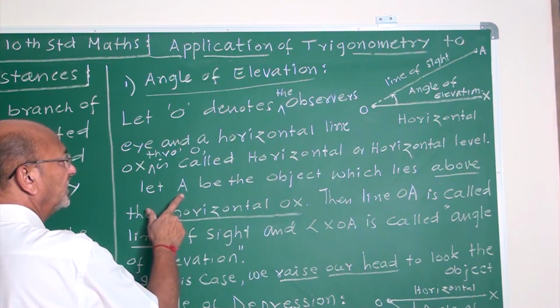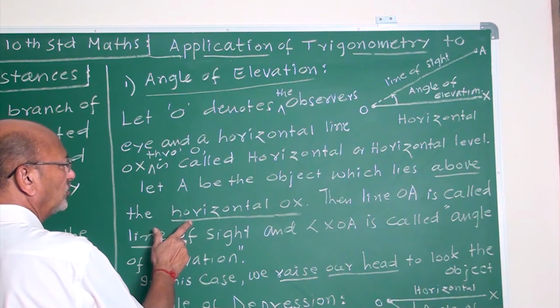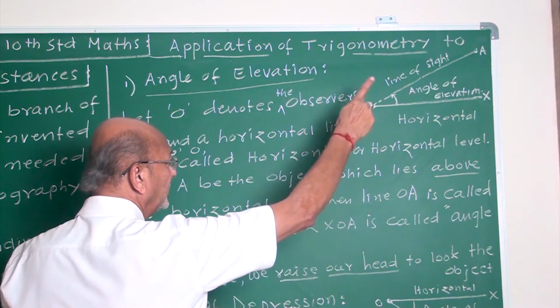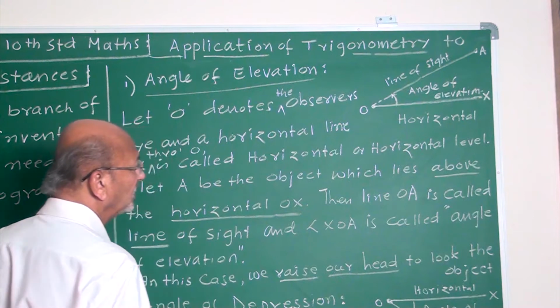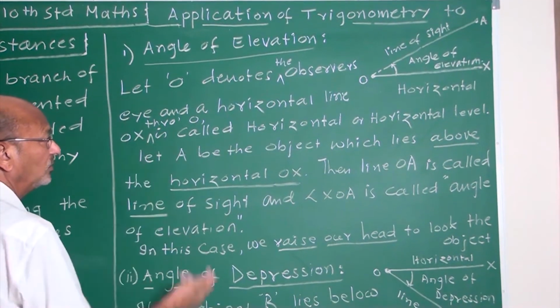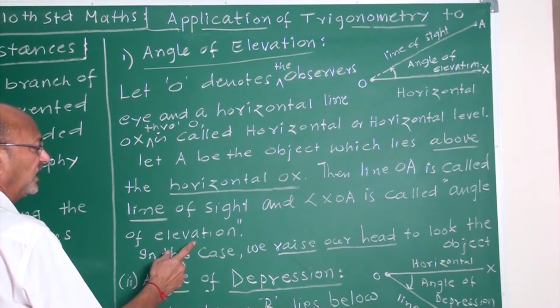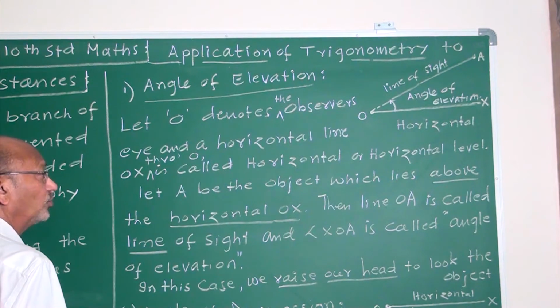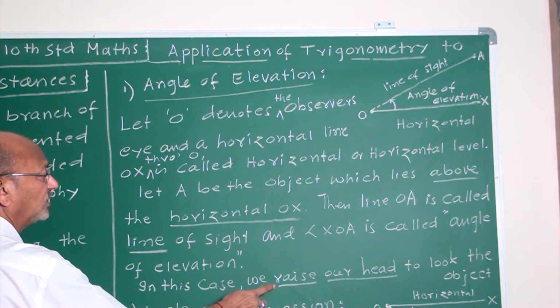If the object A lies above the horizontal OX, then line OA is called the line of sight. And angle XOA, the direction above, is known as the angle of elevation. In this case, to look at the object, we raise our head.